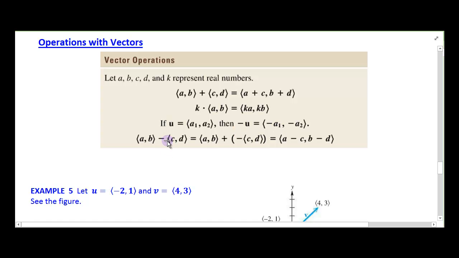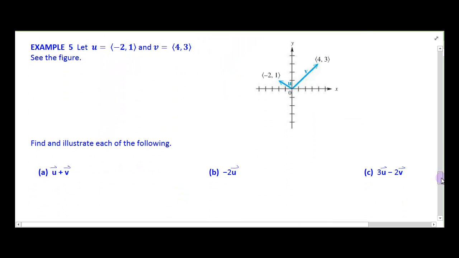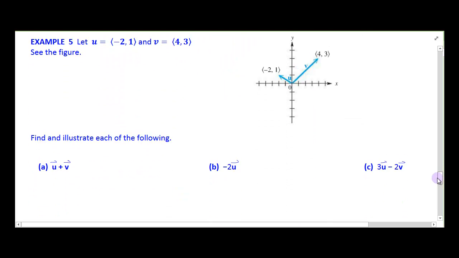And then the last one, the difference: if I am subtracting two vectors, I can either look at it in this form, where I am subtracting the horizontal components and the vertical components from the original one, or we can look at it as adding the negative. Either one. So let's practice a few of those down here in these examples.